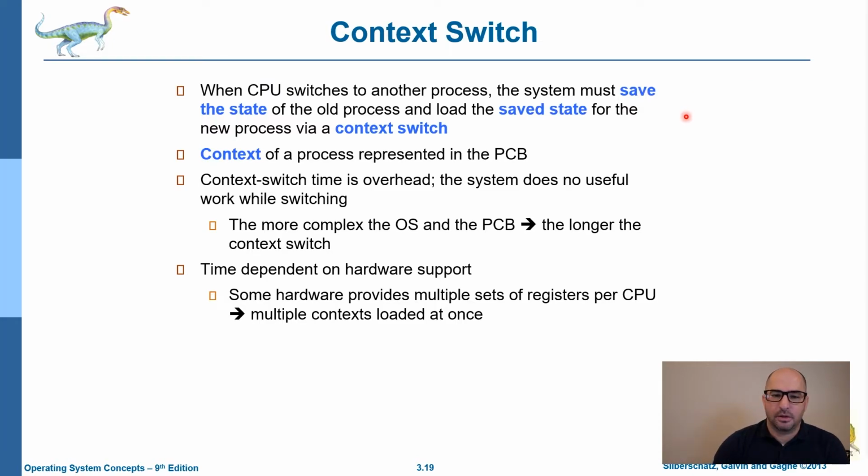So one of the big costs of a time-sharing system, and even in a long-term scheduler and a batch system, is a context switch. And context switches are expensive. They take on the order of milliseconds for some processors, and that's a very long time for a modern processor. So a context switch refers to all of the operations that take place when a process goes from running to another I/O wait or just waiting, whatever the next state will be.